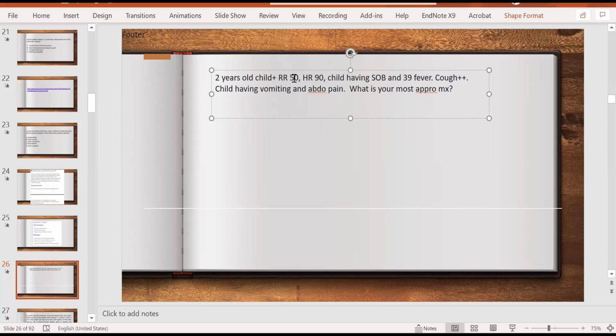Let's say if this was a respiratory rate of 20, what antibiotic would you give to this child? Child having vomiting, can we give amoxicillin?